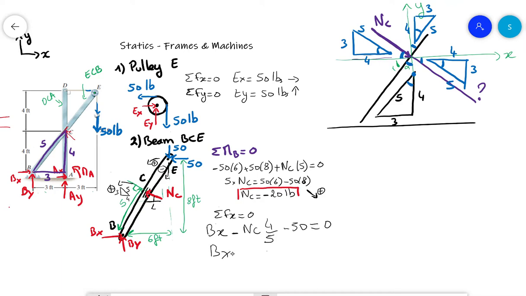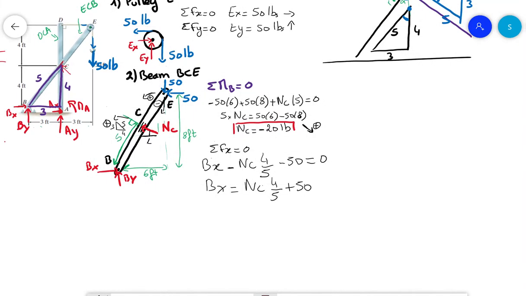So we have Bx equal to NC times 4 divided by 5 plus 50. But be careful there, remember our NC is minus. So Bx is equal to minus 20 times 4 divided by 5 plus 50. So Bx is equal to 34 pounds to the right.